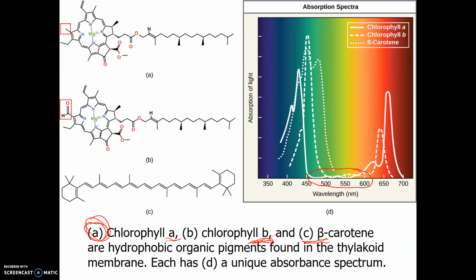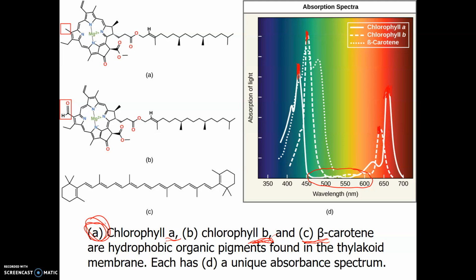But the regions where they're absorbing the most are going to be in the violet end. Chlorophyll A absorbs more in the blue end and the red end. And then chlorophyll B absorbs more in the blue-green end and the orange-red end.